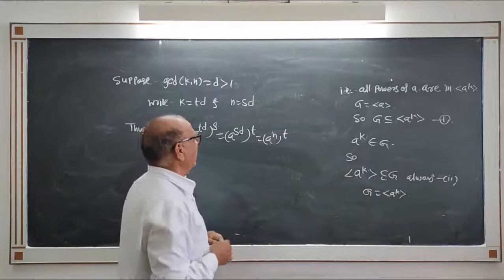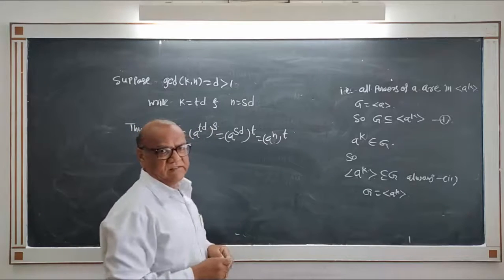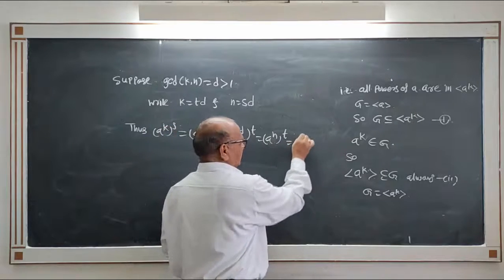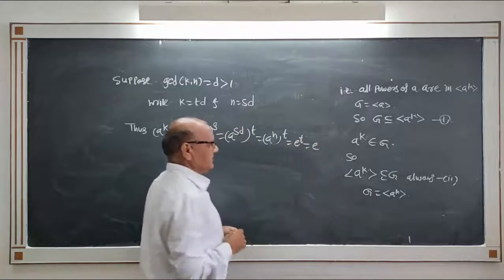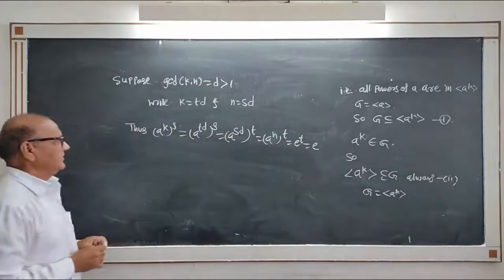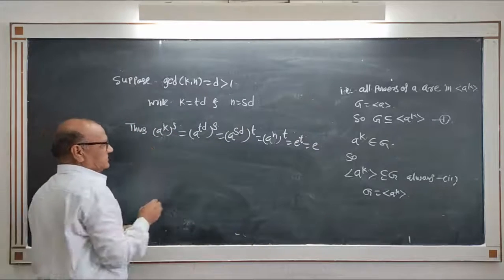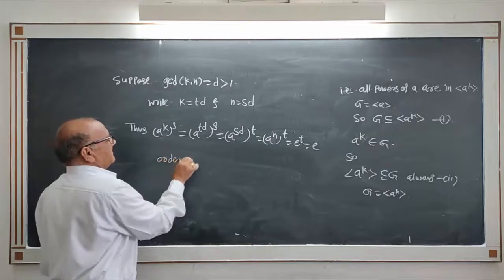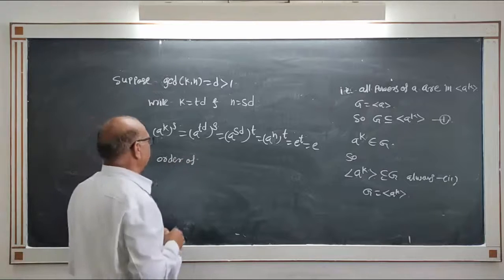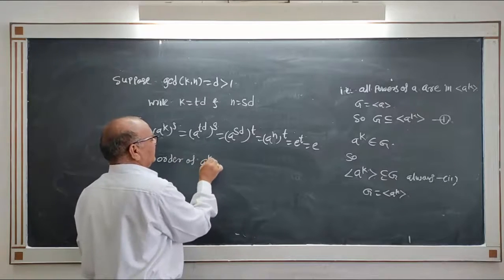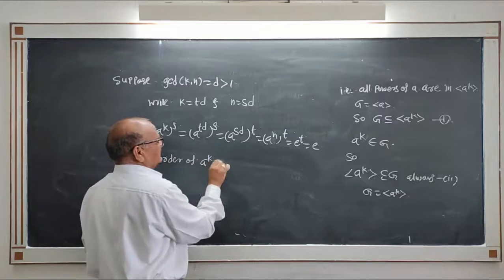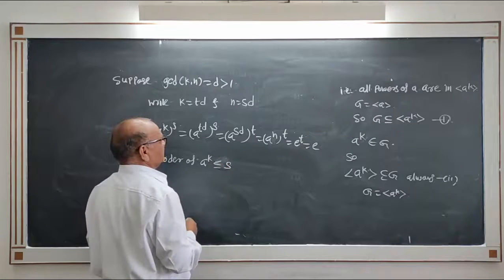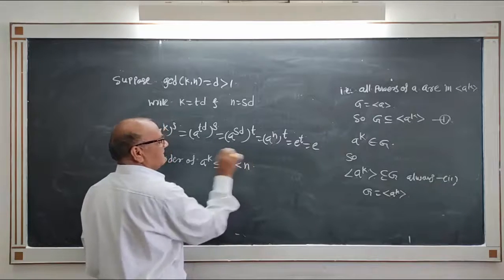Here a to the power n, G is a cyclic group of order n, so a to the power n is the identity, e to the power t, and this gives e. This gives the order of a raised to k is less than or equal to s, and s is less than n.